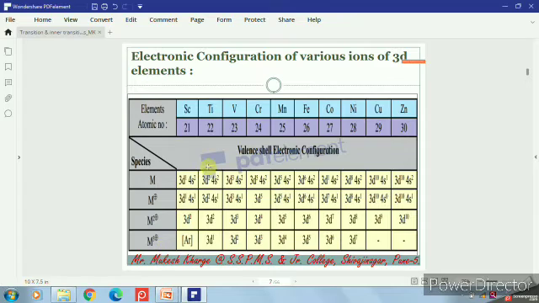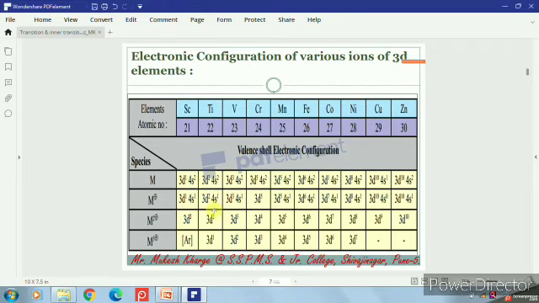Similarly you can write the electronic configuration for titanium. Titanium is argon 4s2 3d2 when it is in the metallic state. When it donates one electron from the 4s orbital, the element becomes a cation. Ti1+ is argon 4s1 3d2.